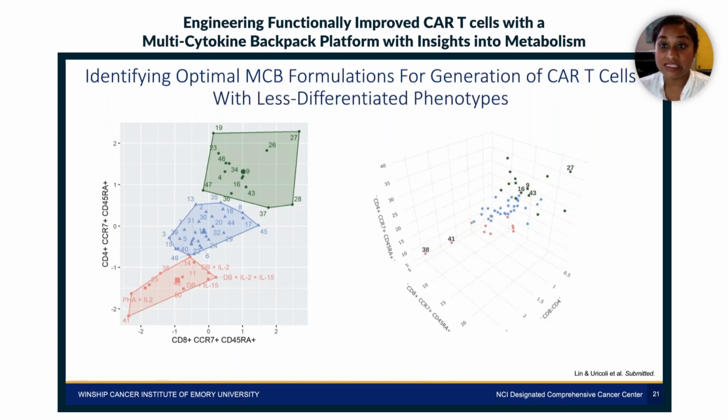Using this data plus additional clustering analysis in which we added in the ratio of CD8 to CD4s, we were then able to identify MCB particles which were consistently better in all of these analyses. And so we're looking at 27, 43, 9, and 26, and these were the ones that were consistently performing better within all these analyses.